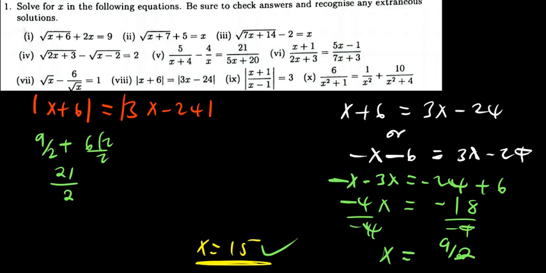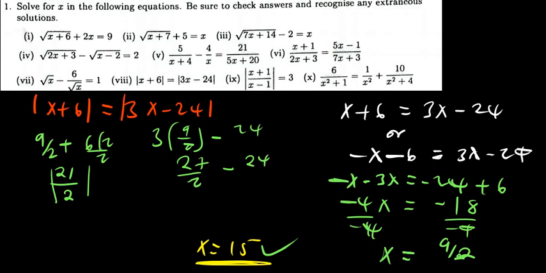That is the left hand side. Let's see that side. 3, then you have got 9 over 2 minus 24. So that one is 27 over 2 minus 24. So 24 is the same as you put 2 over 2, which is going to be 48.